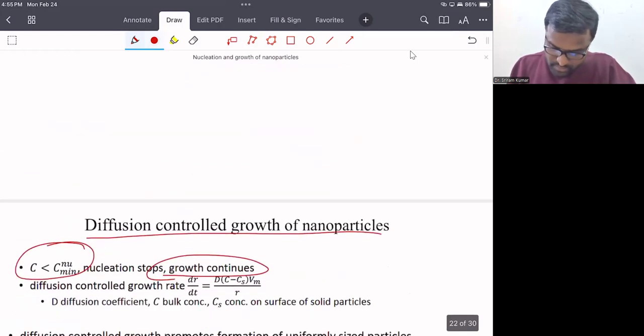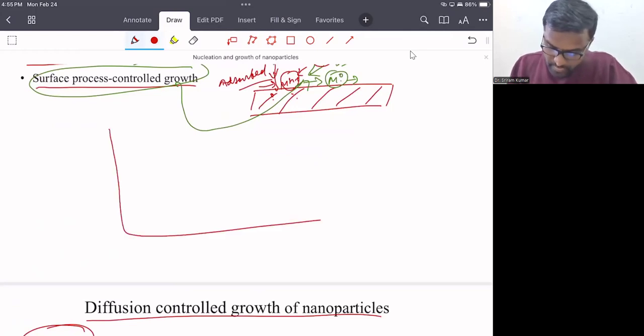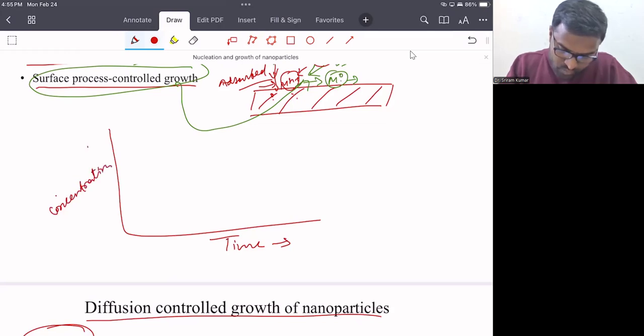We can explain this observation using this kind of graph. We have time and we have concentration. Let me write.